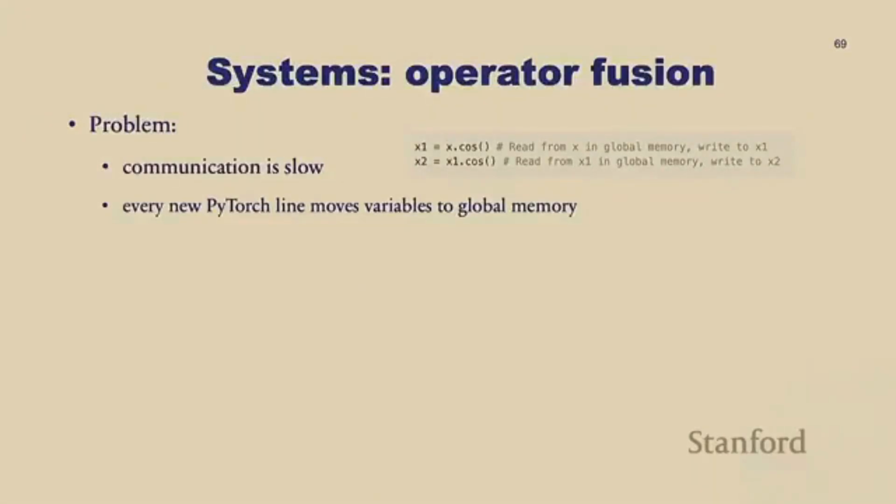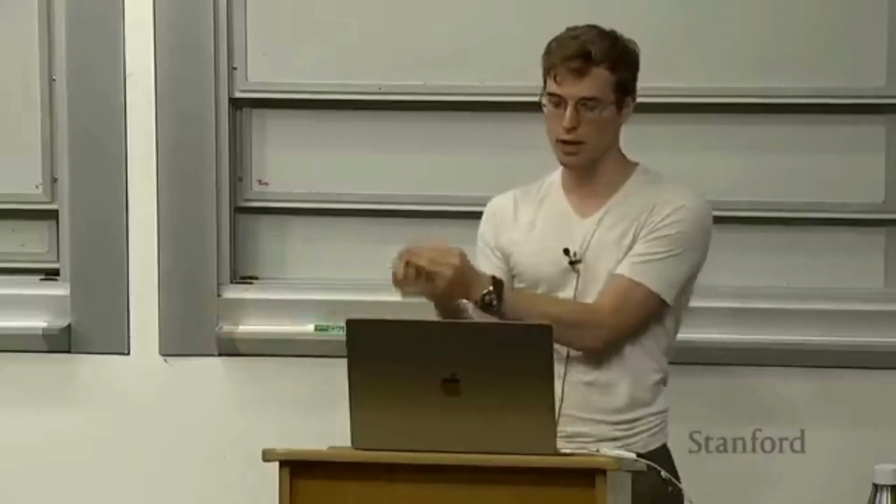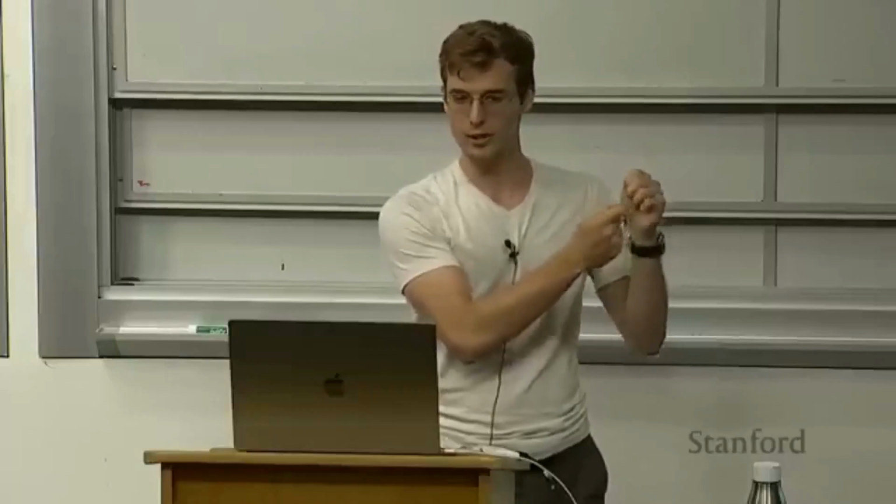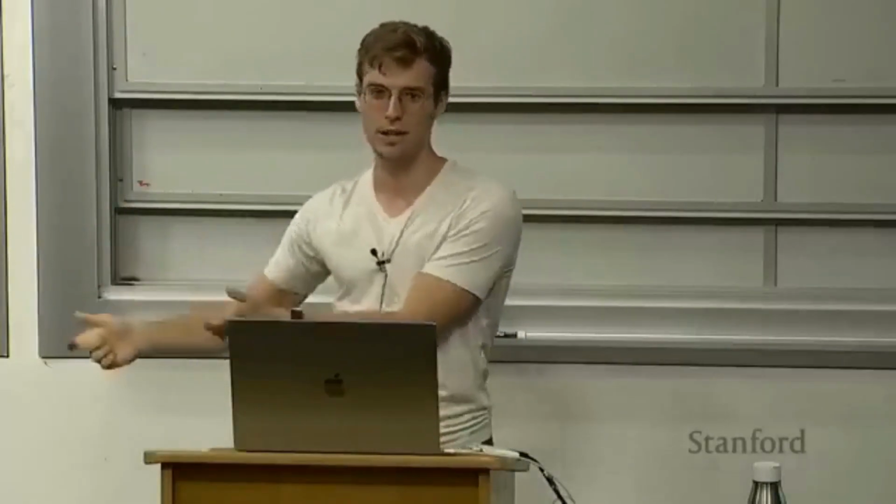x1 = x.cos(), and then you do x1.cos(), what is happening behind the scenes is that you take the x, which is data, you ship it to the actual processors of your GPU, you apply the cosine, you ship it back to the main memory of your GPU, and then you see the next cosine, you ship it back to the GPU processor, you apply another cosine, and you ship it back again.